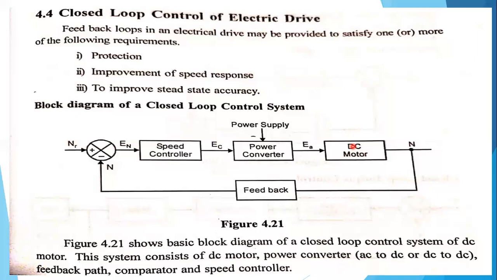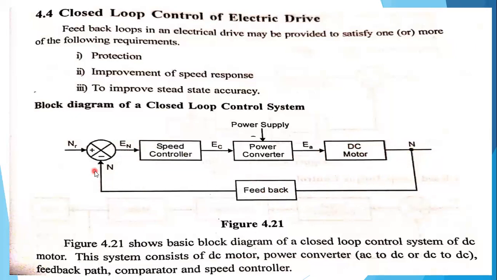Let us consider again. Here the motor speed can be sensed by a tachometer or tacho generator. It gives a feedback signal, that is called N, the actual speed.